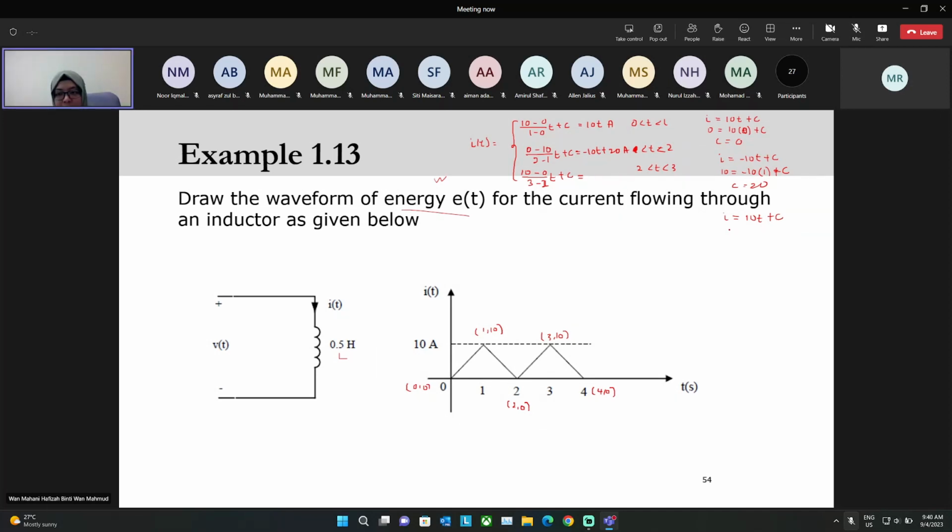Katakan saya guna 2, 0. So, I dia 0 pada masa T 2 second tambah C. So, C adalah negatif 20.